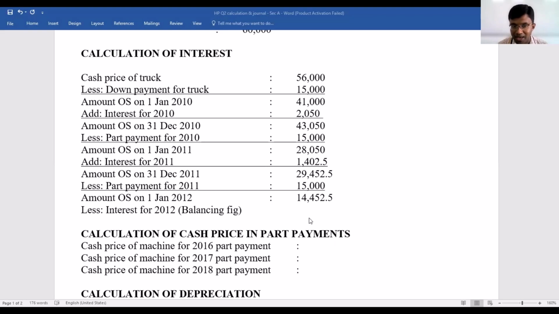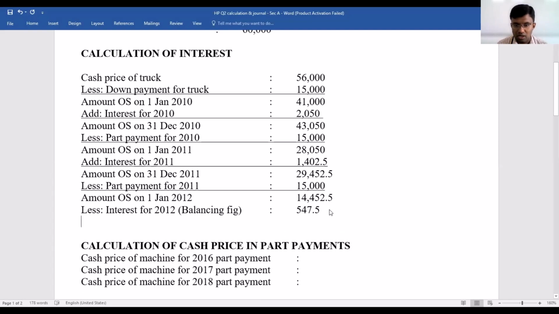So how do we calculate the balancing figure? 15,000 minus 14,452.5, and that will work out to be 547.5. Okay, so this is your outstanding interest amount.